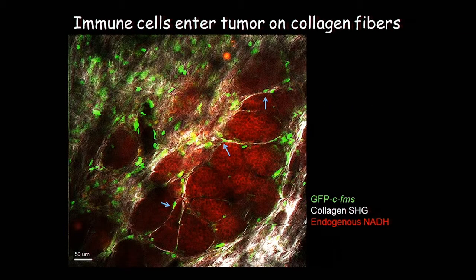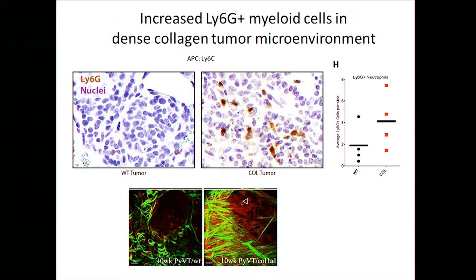Here we have the immune cells in green, our tumor in red, and the collagen in white. What we observe is that the immune cells are coming into the tumor on the collagen fibers. This is not unlike what we heard earlier about stretching tissue and seeing that neutrophils could migrate better when you stretch the tissue.